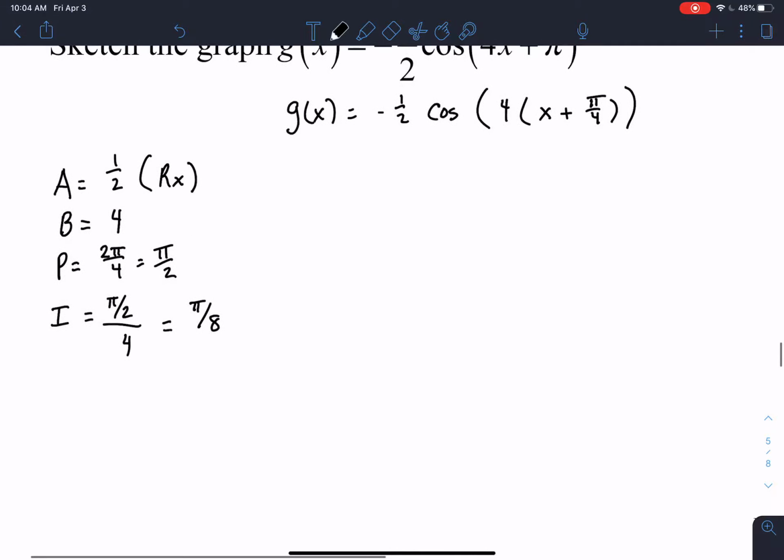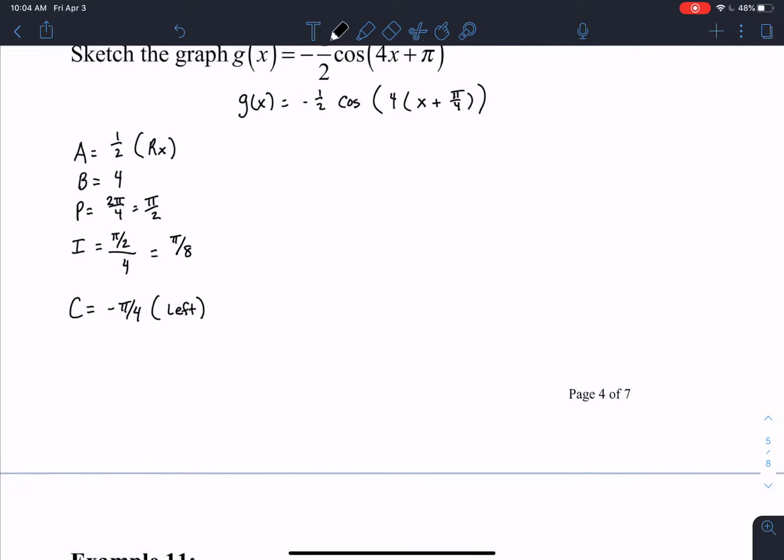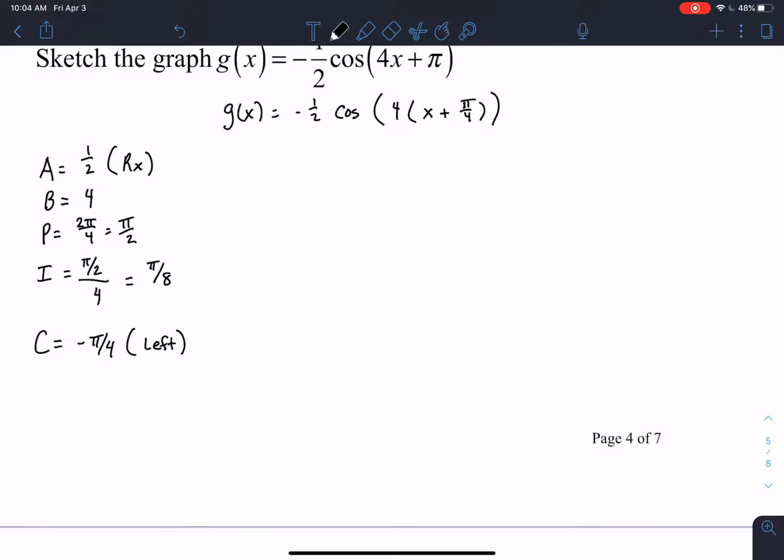Okay, and then we're going to go left pi over 4, right? Because the c term here is negative, so that's going to be left pi over 4.